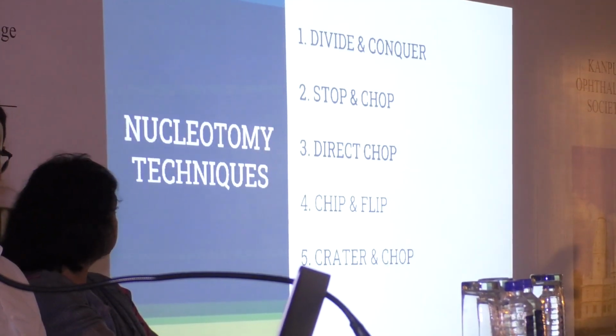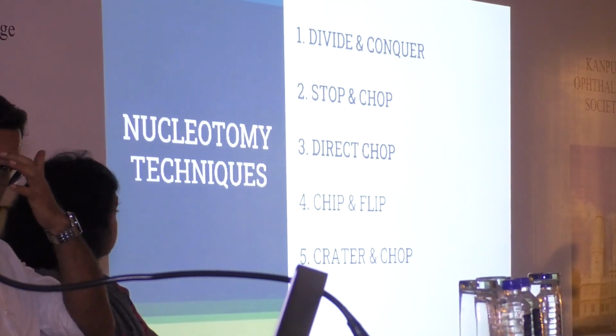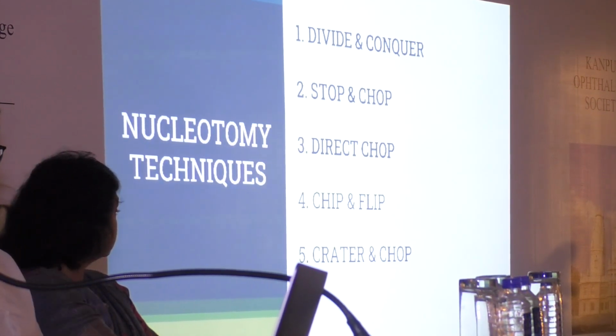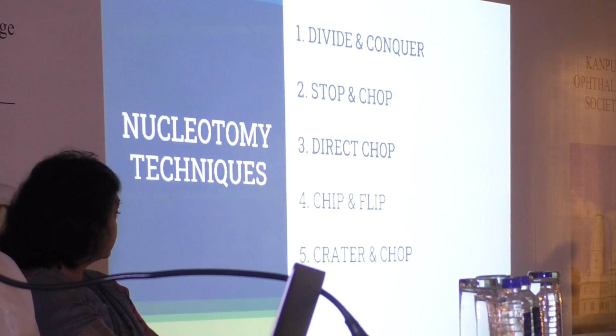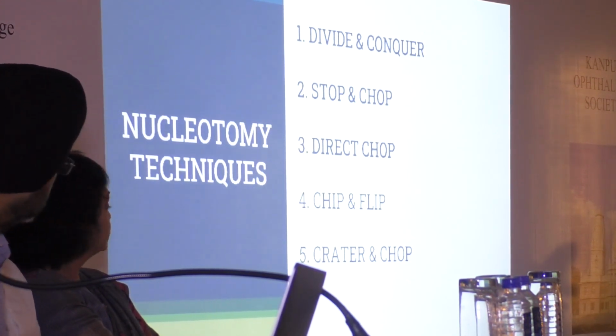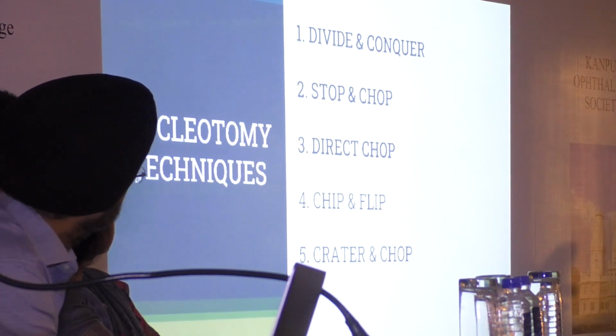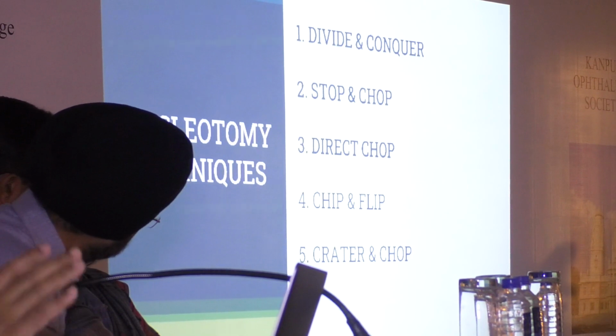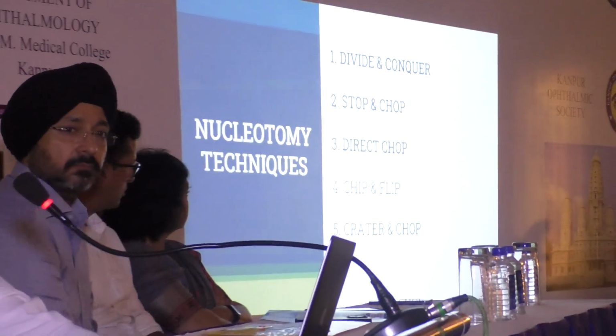So now coming to the real phacoemulsification, for removing the nucleus in smaller pieces. Before that, you have to break the nucleus into smaller pieces, and then do the phacoemulsification, by which you can reduce the total phaco time.